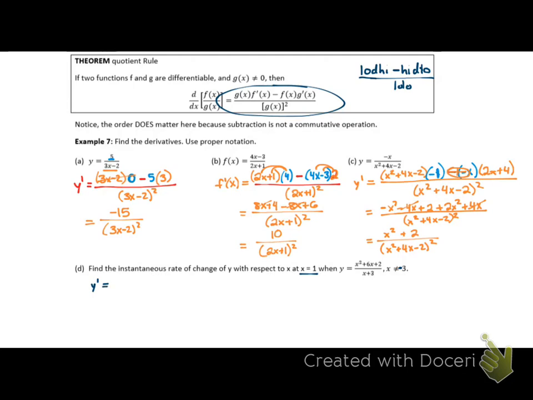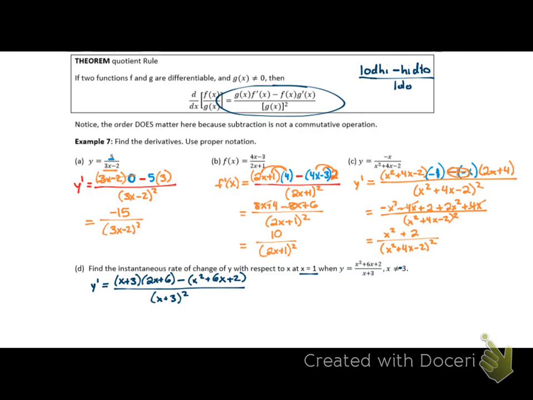Well, y prime is going to be low, d high, so x plus 3, and the derivative of the top is 2x plus 6, minus the top, which was x squared plus 6x plus 2, times the derivative of the bottom, which is just 1, all over the bottom squared.